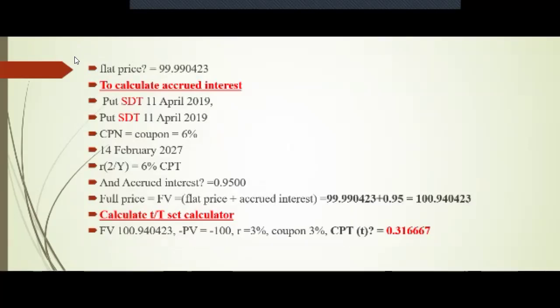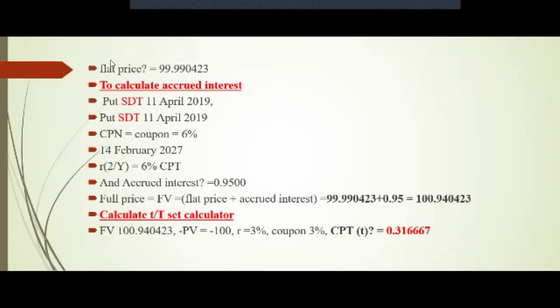If you have the BA II Plus, press 2nd and bond, so you will find the date function to calculate using dates to get the accrued interest.